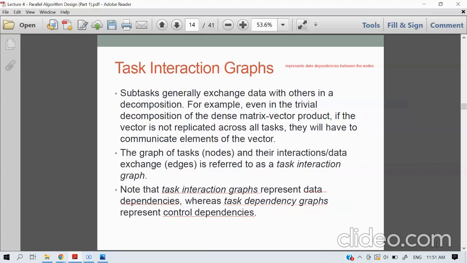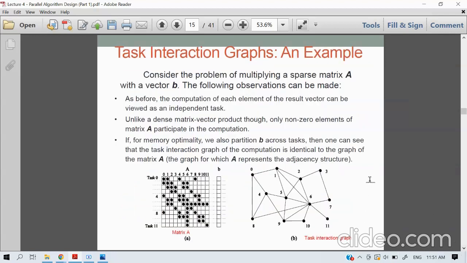Okay, so how do we draw or design the task interaction graph? Let's look at an example. We are still discussing the dense matrix from just now.